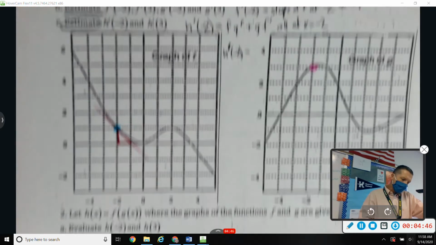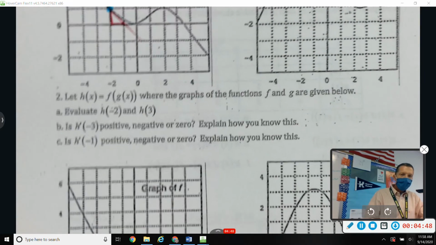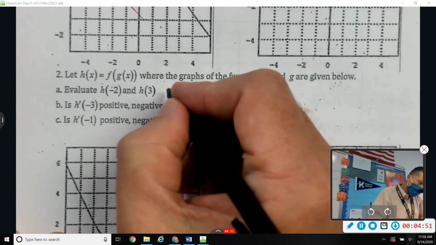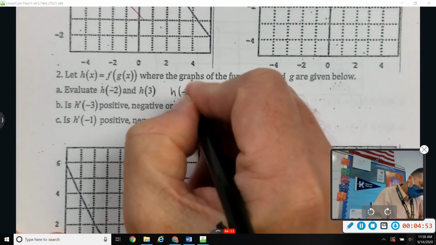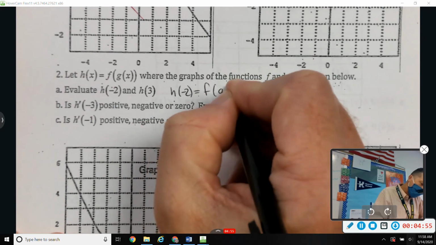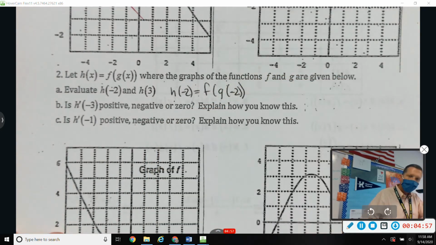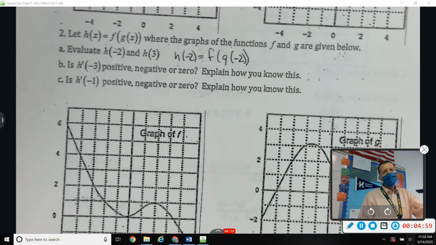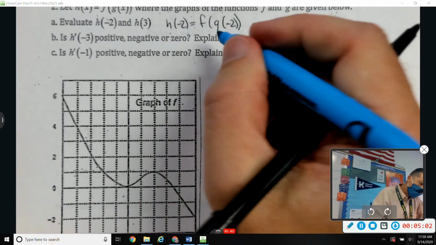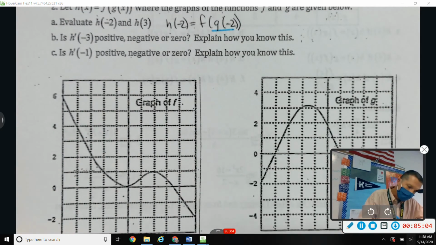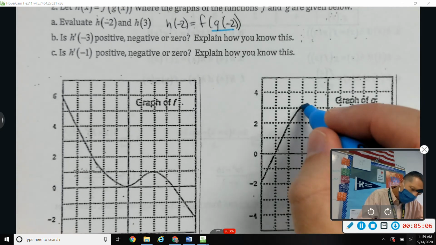All right, look at number 2. Evaluate h of negative 2. Well, h of negative 2 is f of g of negative 2. So first job is find g of negative 2. Well, I have a graph that can do that for me. G of negative 2 is up at 3.